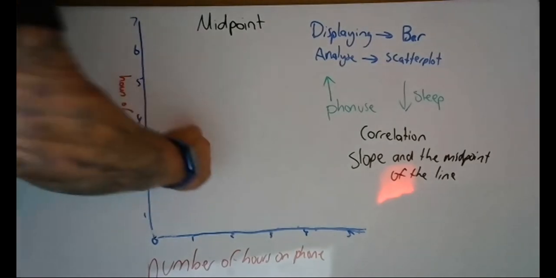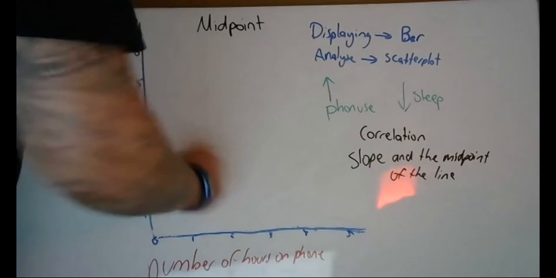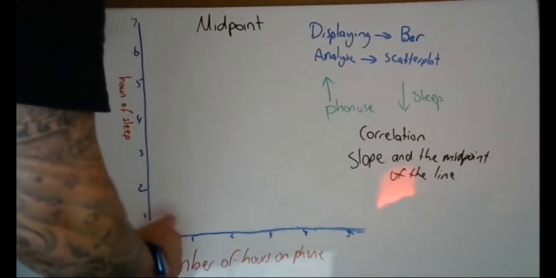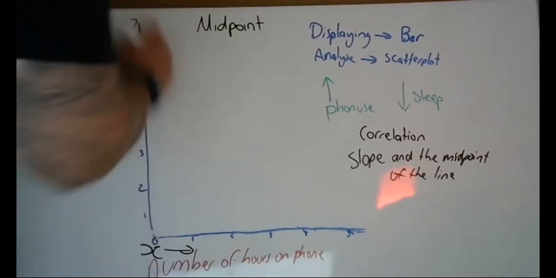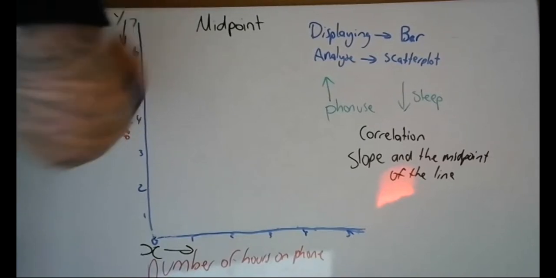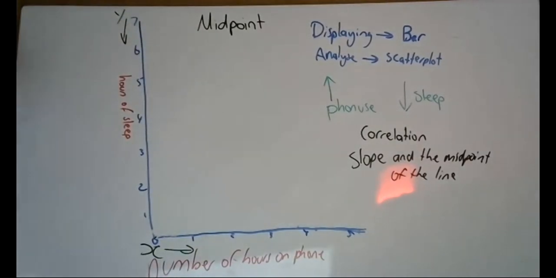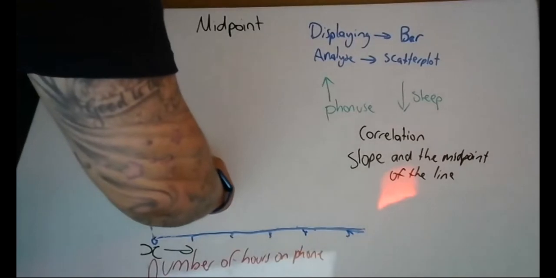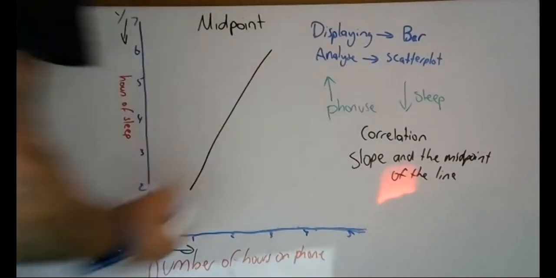Okay, so we have a line on our graph, x-axis down here, and y-axis going up. So we have a line here.